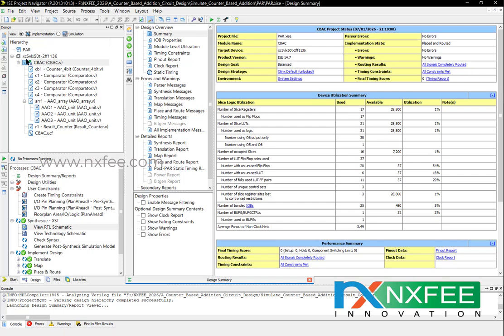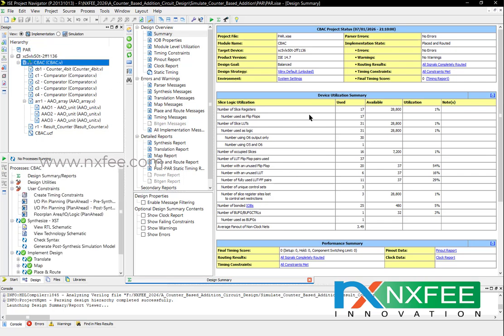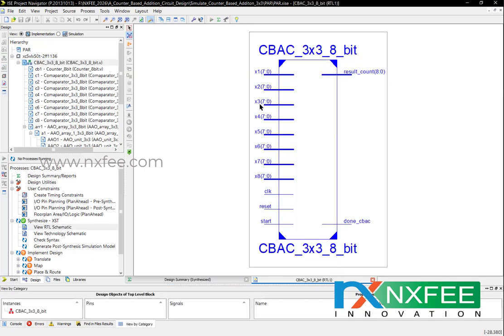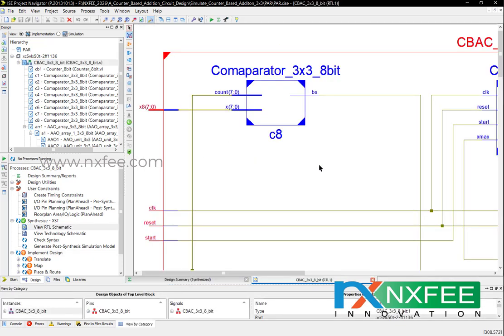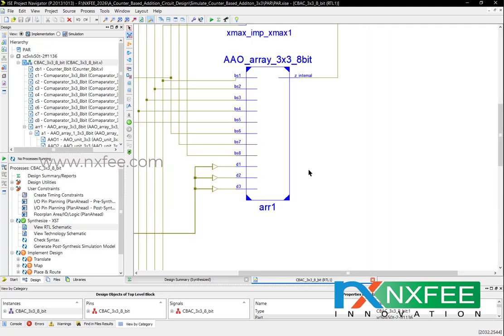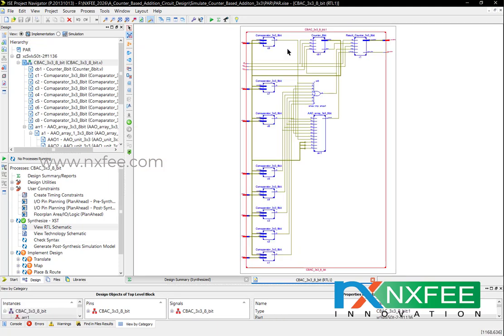Here are the CBAC architectures. This is a 4 input counter based architecture, and this one is an 8 input architecture. You can verify the RTL schematic. We have used a number of comparators, an AAO array architecture, a counter, and a result counter architecture.